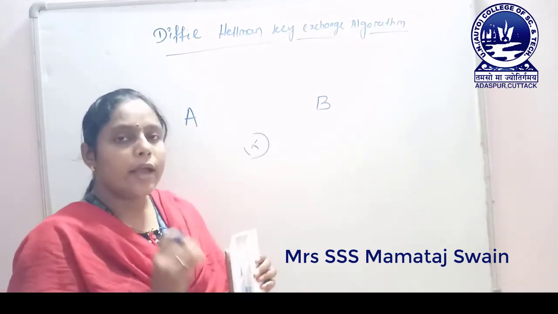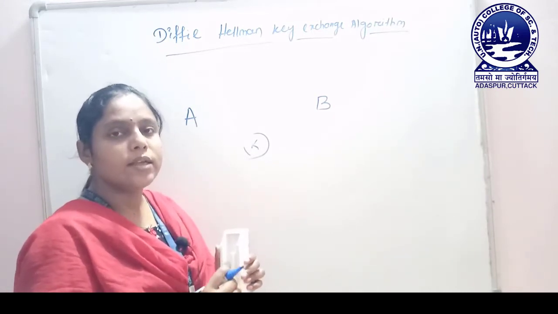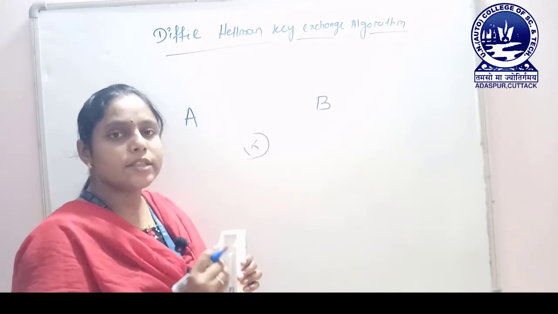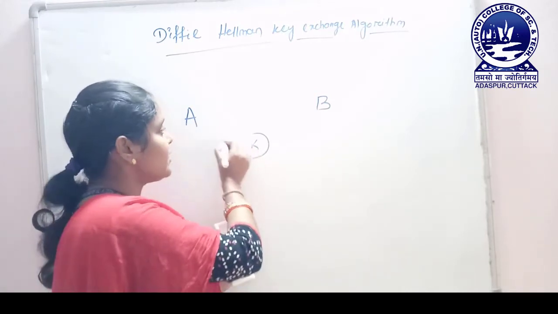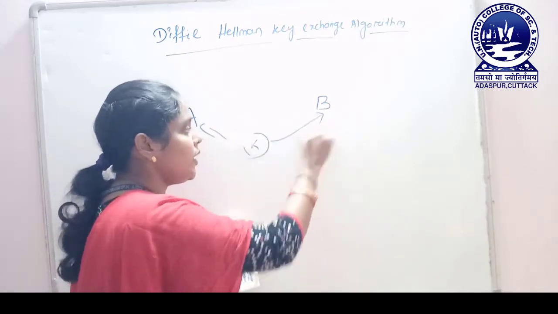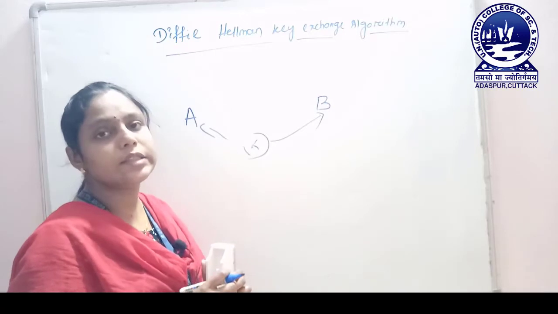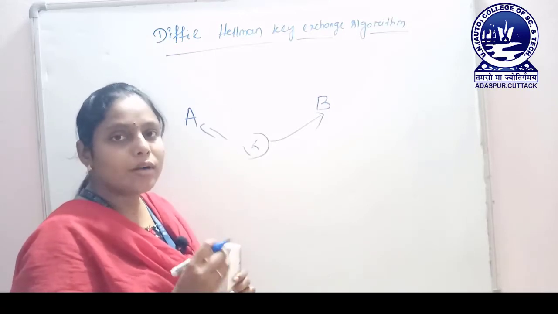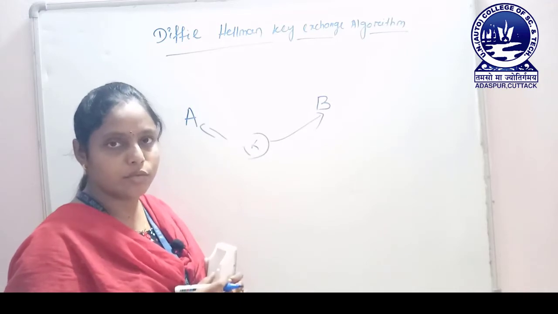When A and B use a single secret key, that means the secret key must be shared between A and B, and this key must be shared in a secure manner. For this reason, the Diffie-Hellman key exchange algorithm is used.